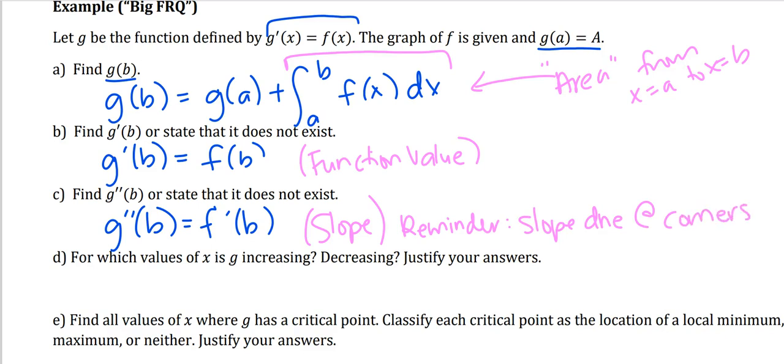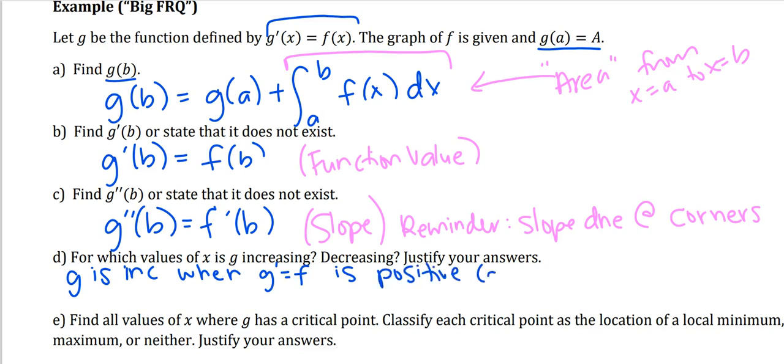Part D, for which values of x is g increasing and decreasing? Justify. Now remember, you're not given the graph of g, you're given the graph of f, which is the derivative of g. So g is increasing when g prime, or f, either one, the given graph, is positive.